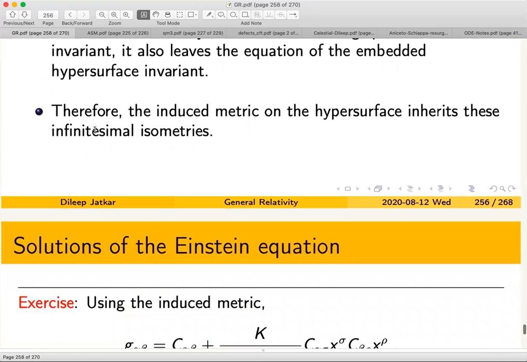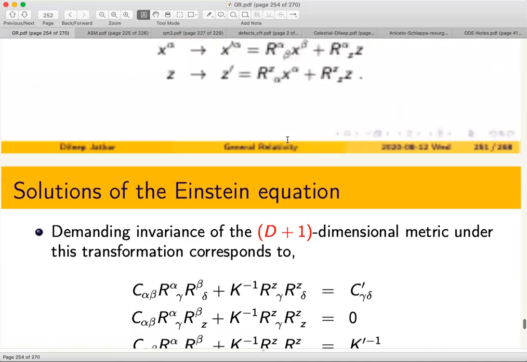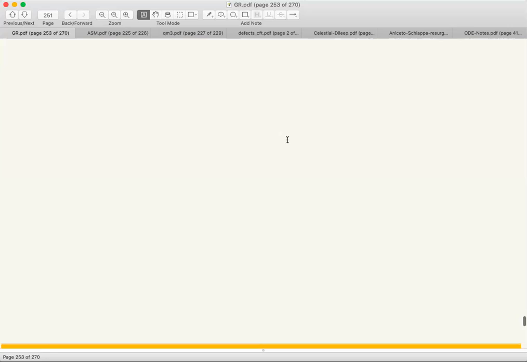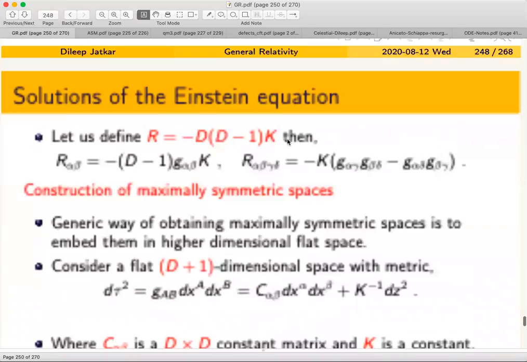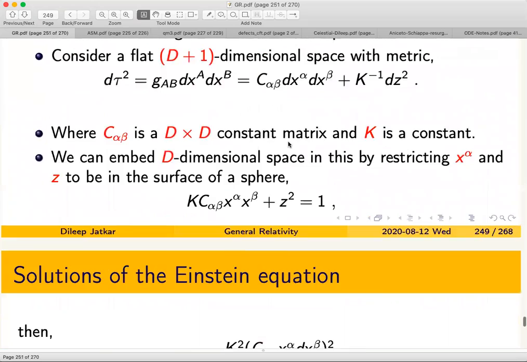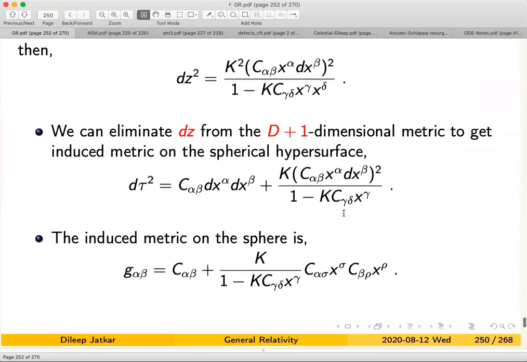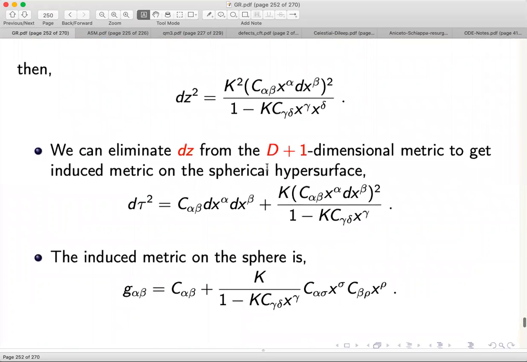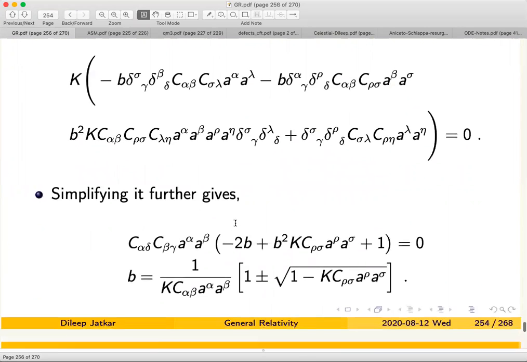As a result, the induced metric on the surface, which was written earlier, this one, would be invariant because C is left invariant, K is left invariant, and the embedding space metric is left invariant. Therefore g alpha beta is form invariant under this transformation.